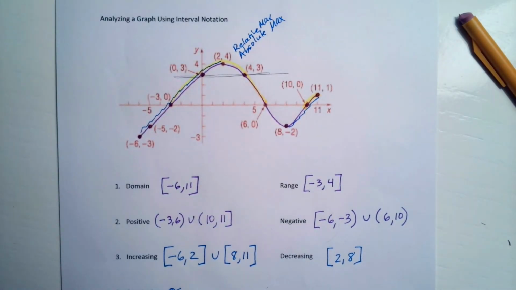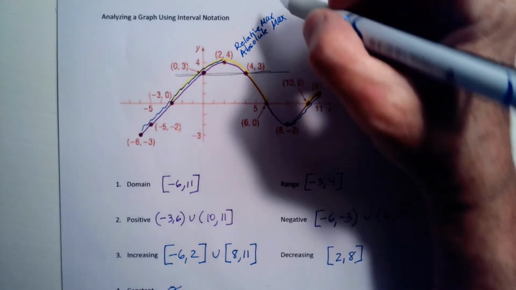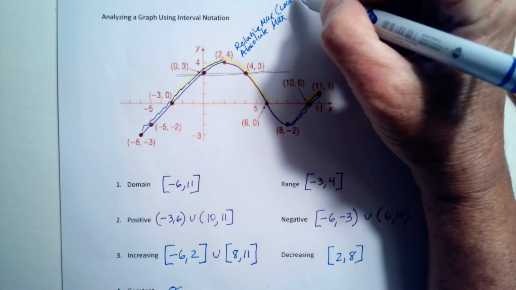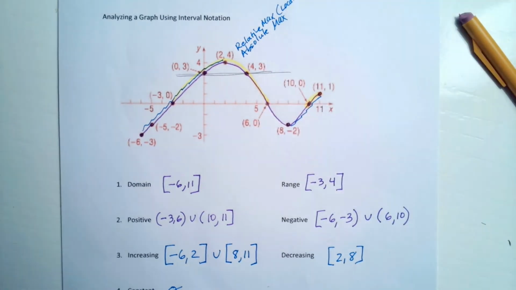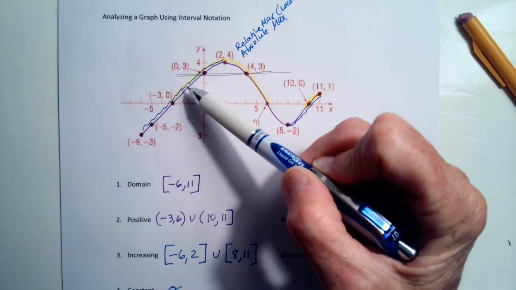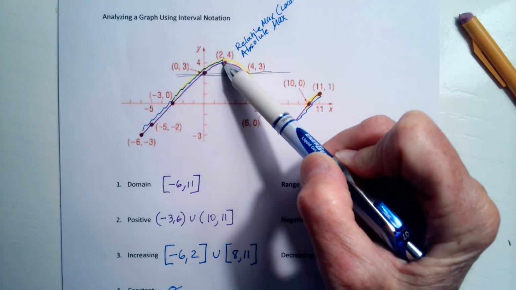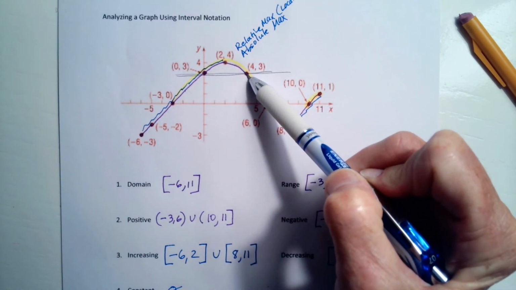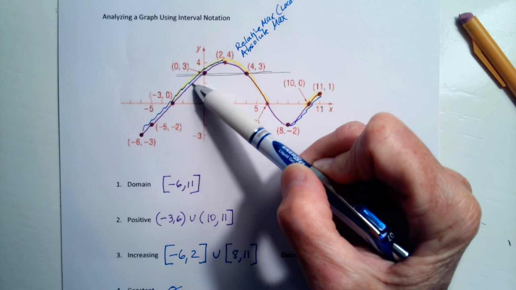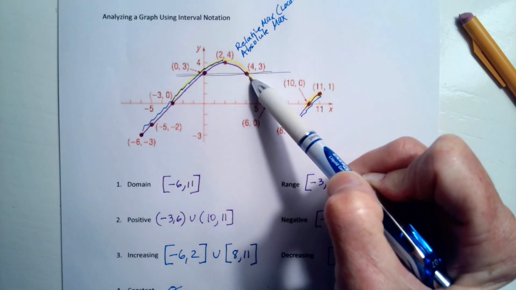Now, an important thing about the definition of a relative or local maximum. It's also called a local max. The formal definition of a relative maximum is a point on the graph where the function goes from increasing to decreasing. So at (2, 4), this function goes from increasing to decreasing.